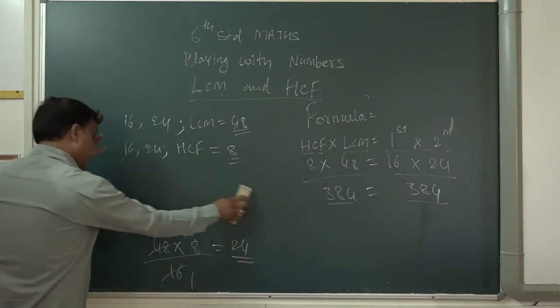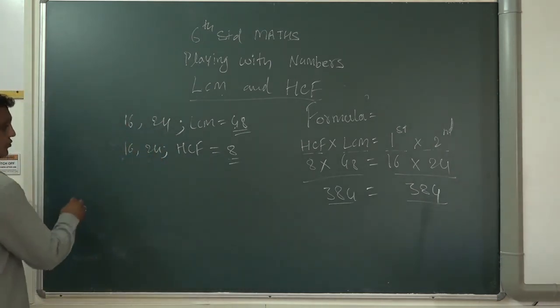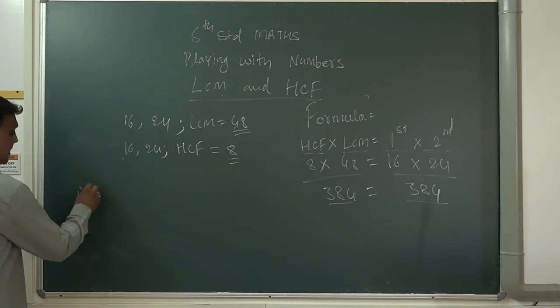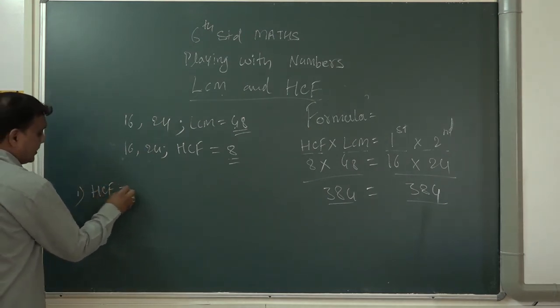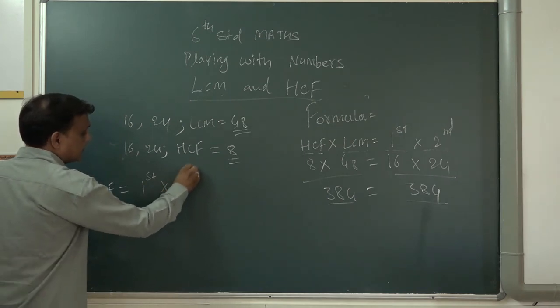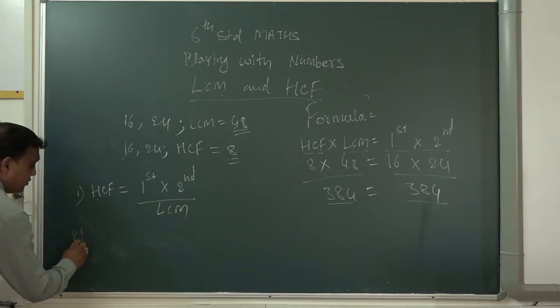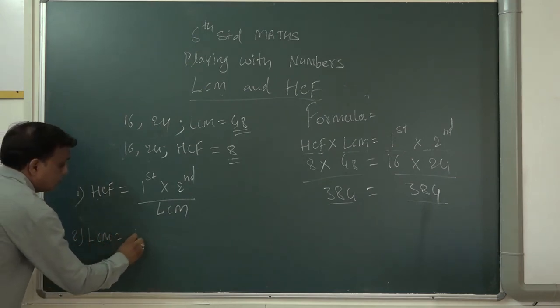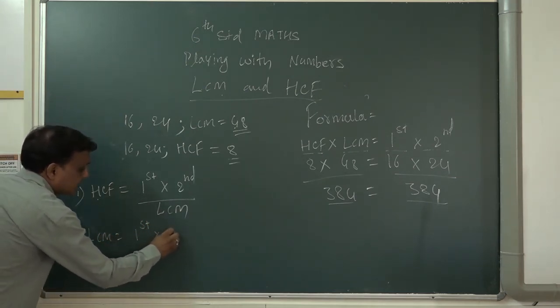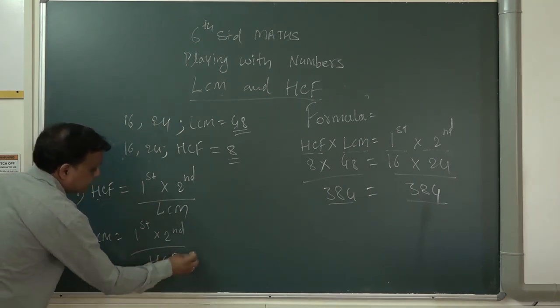So once again, I am writing all the formulas here for you. The first formula: when HCF is not given, HCF is equal to first number multiplied by second number divided by LCM. When LCM is not given, LCM is equal to first number multiplied by second number divided by HCF.